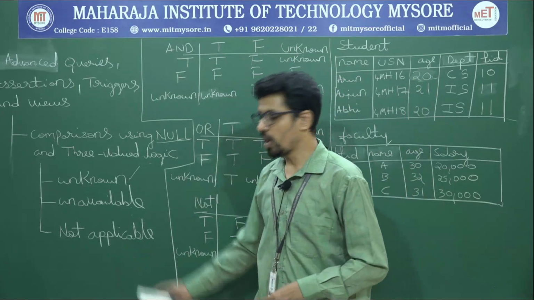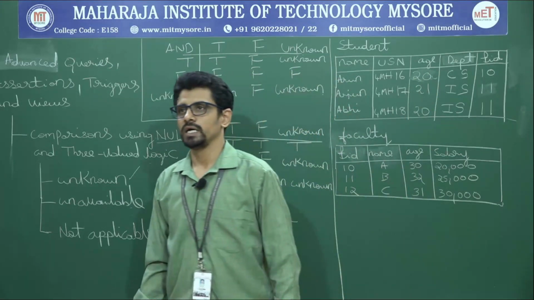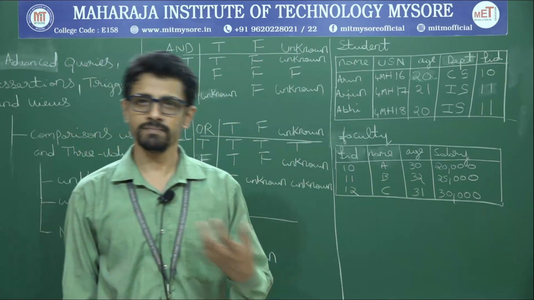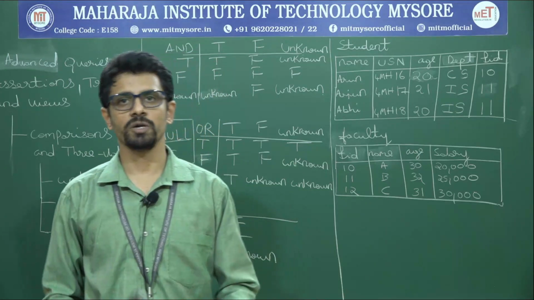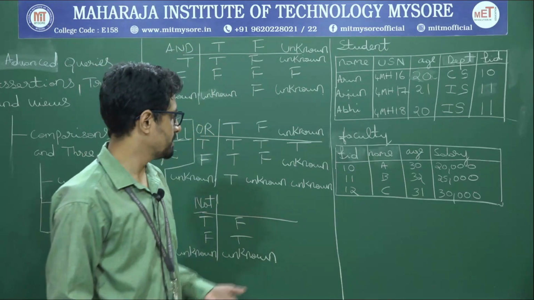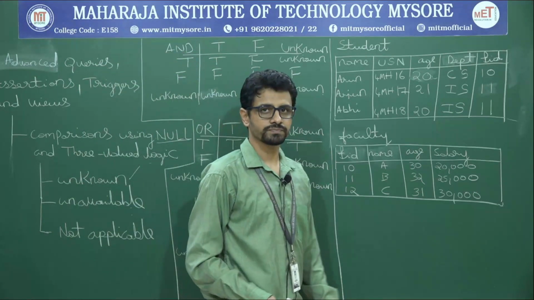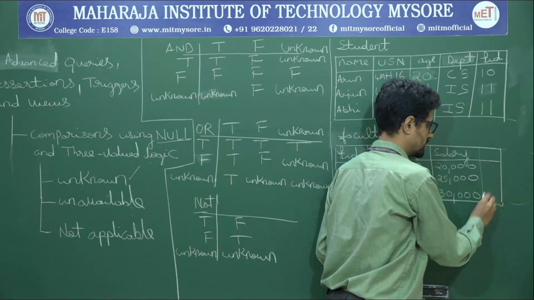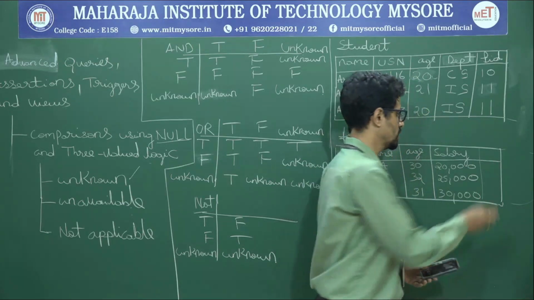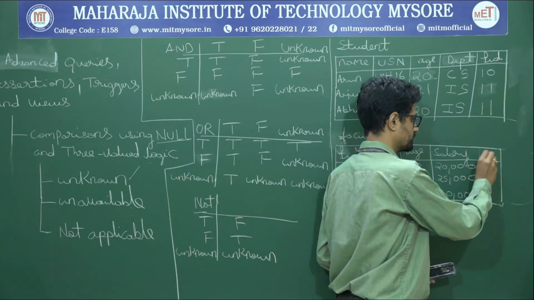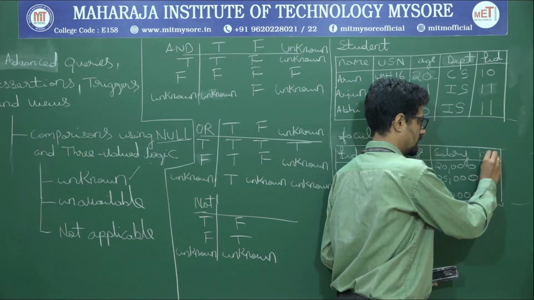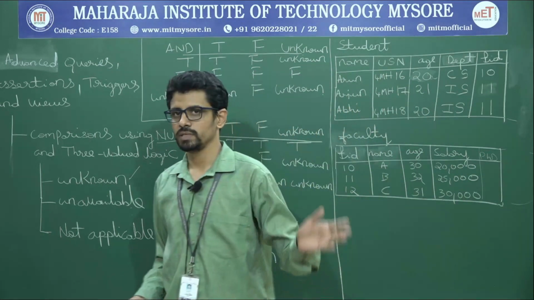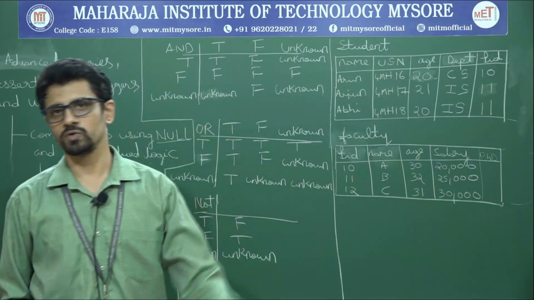Next, not applicable. Say for example, some attributes for some types of entities might not be applicable. I'll take a faculty table, and I'll keep inserting other attributes. Assume that I want to insert one more attribute called the PhD degree, or the masters or the PhD or the postdoc.